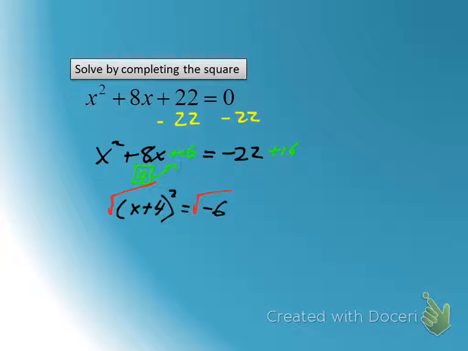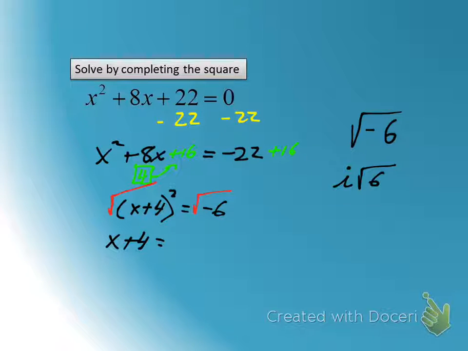So that gives you x plus 4 equals. Now, the square root of -6, over here to the side. Can you factor tree it out? No. But there's one thing in there that you got to take care of, and that is the negative. And to fix that, all you have to do is write it as I for square root of 6. I first, square root second.